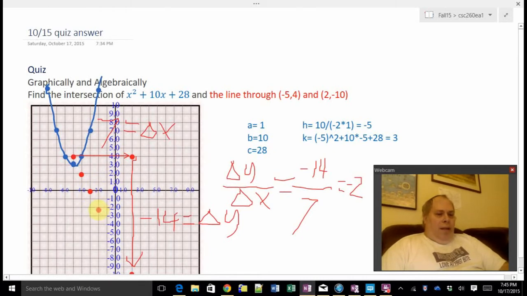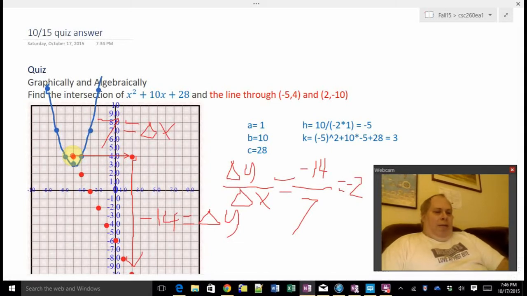Over 1, down 2, over 1, down 2, over 1, down 2, over 1, down 2, and that leads me to that point. So I know I got it right. That checks my work. It also gives me a hint as to what the intercept's going to be when I do it algebraically.